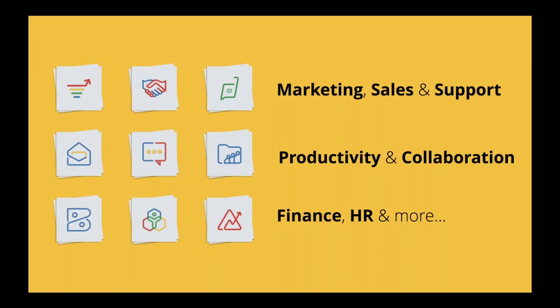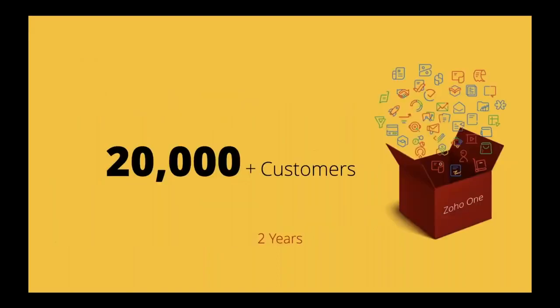Anything really that you would generally think that you would need in an organization, we're offering through Zoho One. Zoho One has over 20,000 customers around the world, and we've been at this for about 2 years now with this product. So we've seen a lot of good traction and a lot of good success so far.